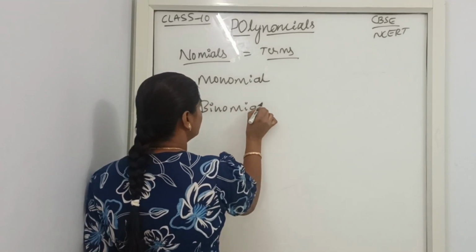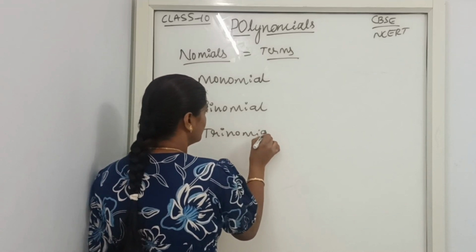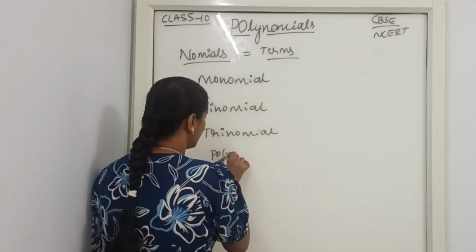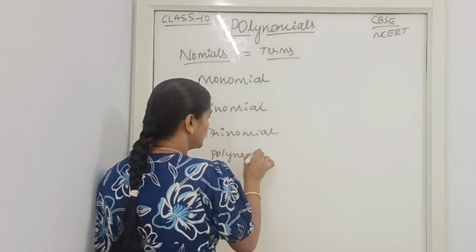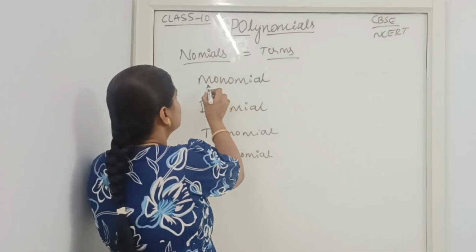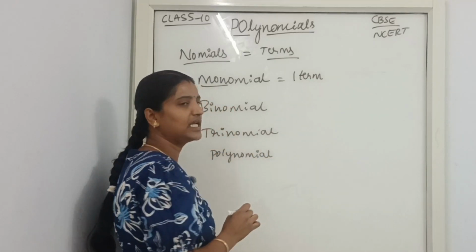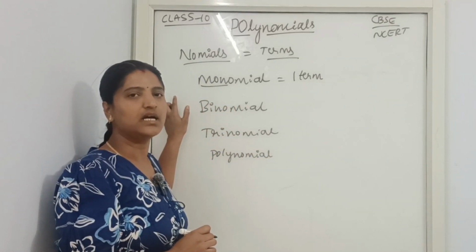binomial, trinomial, and the next one is polynomial. What is a monomial? Mono means one term. If an equation has one term, then it is called a monomial.